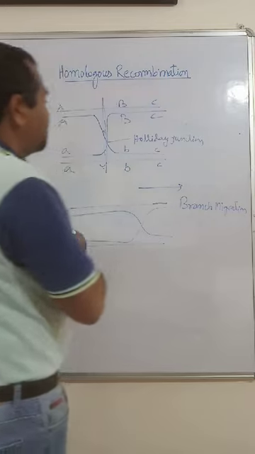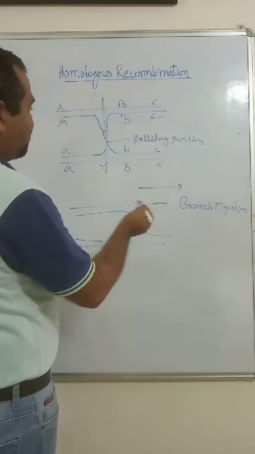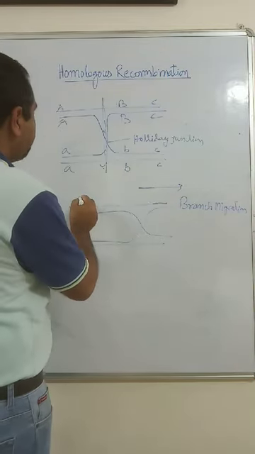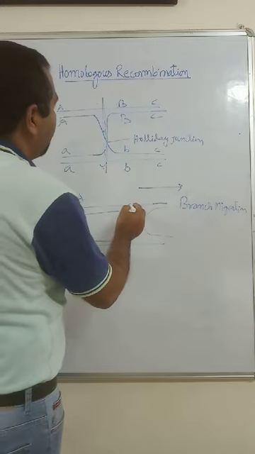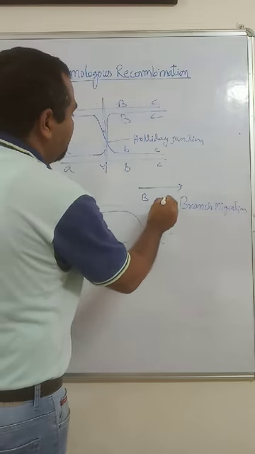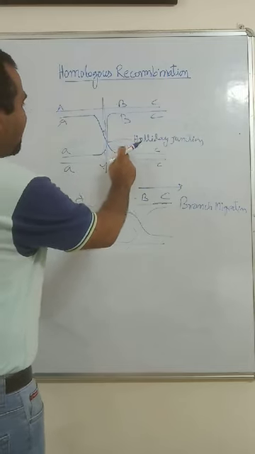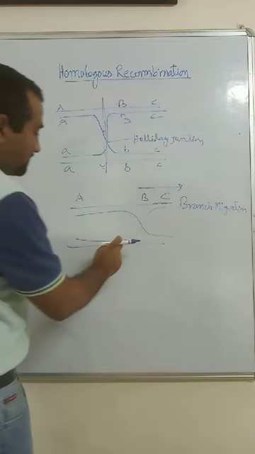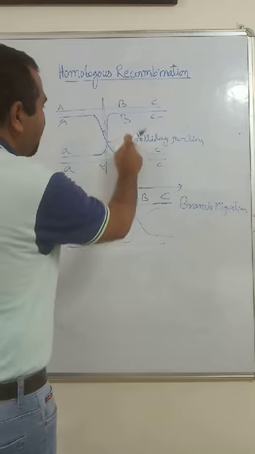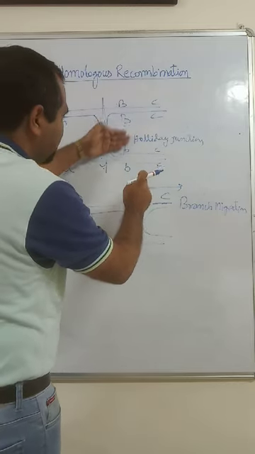And now what we observe is that initially it was A and B and capital C. Now this has moved up. This one has moved up because it is coming down.